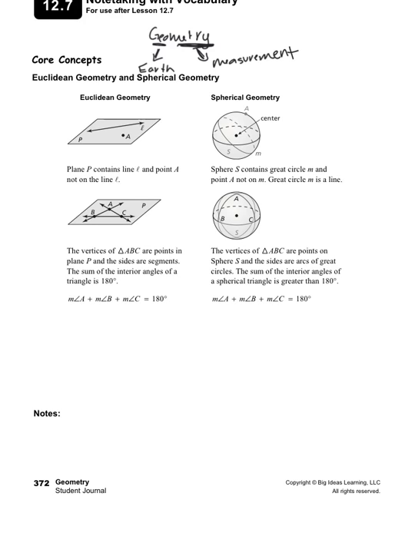Again, in Euclidean geometry, you're using lines and line segments. With spherical geometry, you're using arc lengths and great circles.